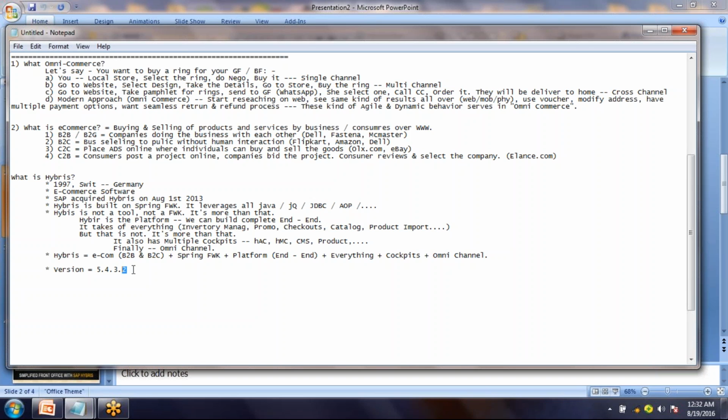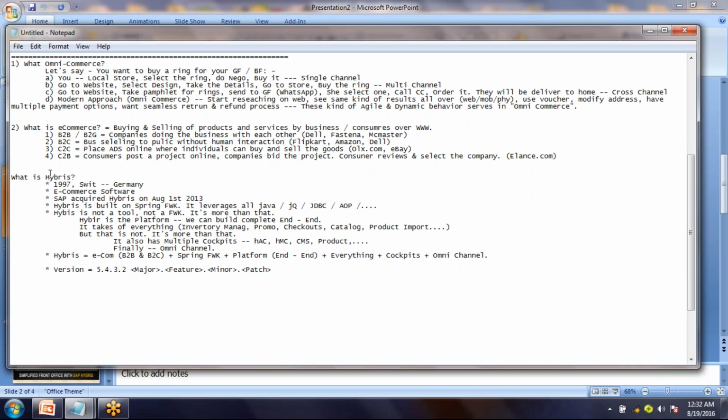The first digit is the major version, the second is the feature, the third is the minor version, and the fourth is the patch.